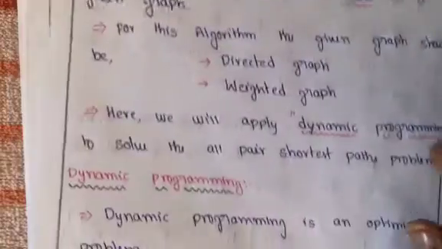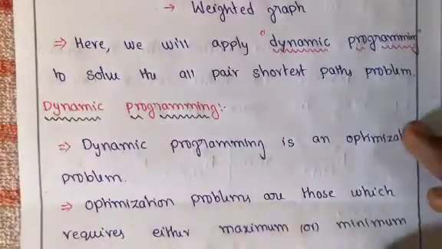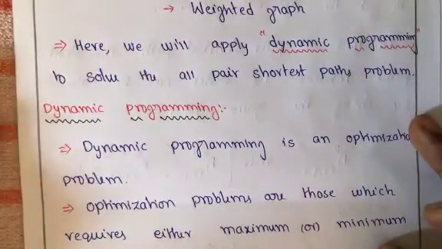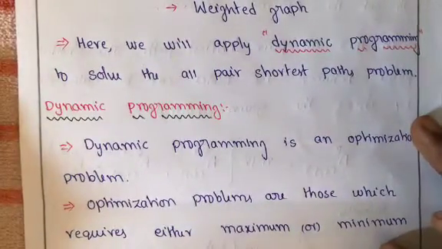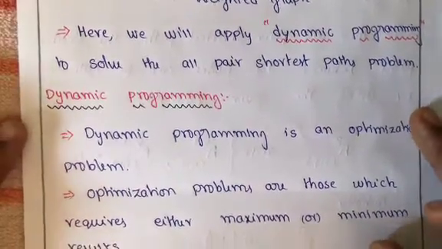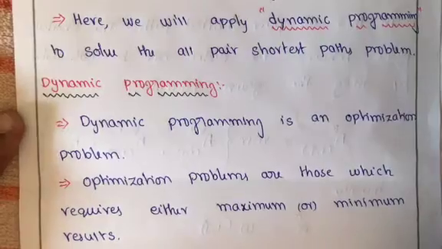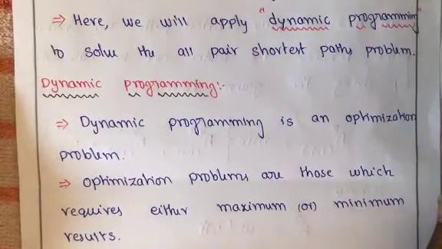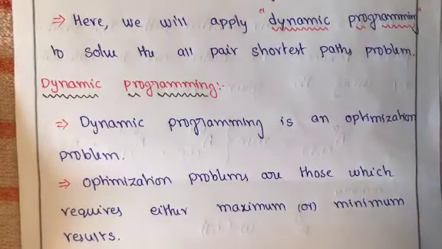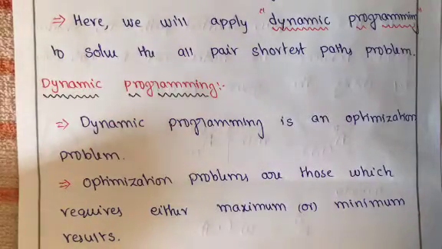So here I'm going to use the strategy called dynamic programming to solve the all pair shortest path algorithm, right? So dynamic programming is used for optimization problems. An optimization problem is nothing but a problem whose result is a maximum or minimum.